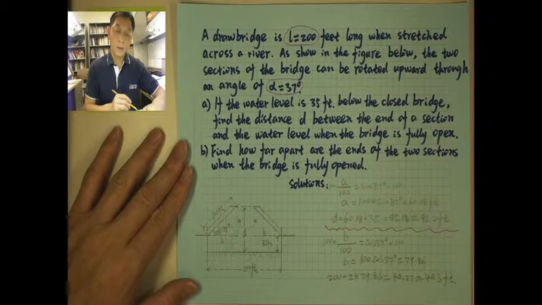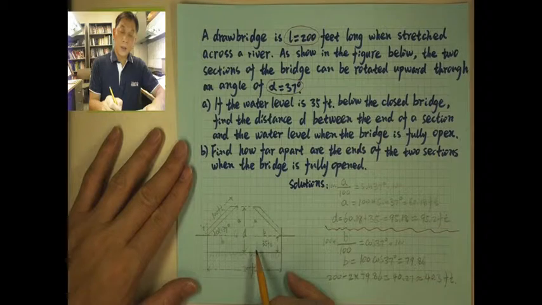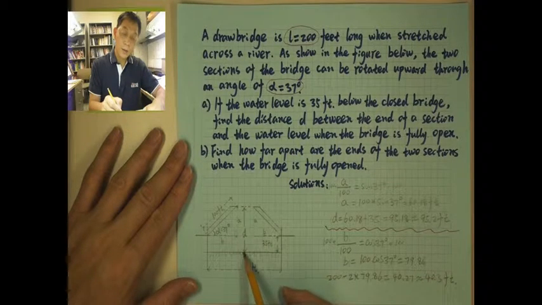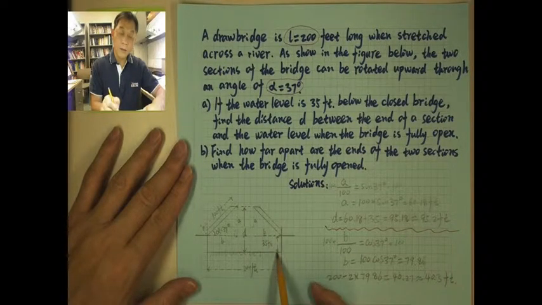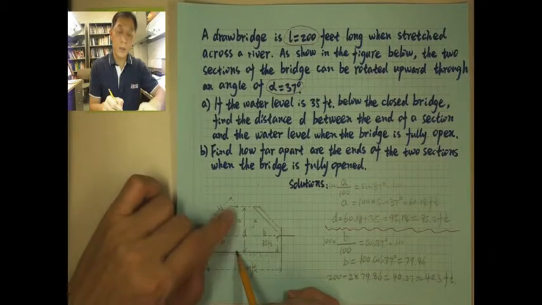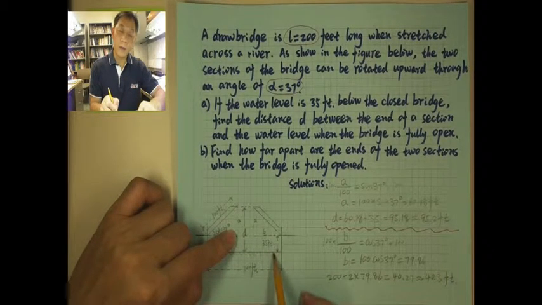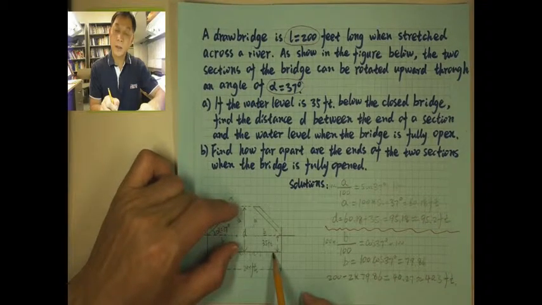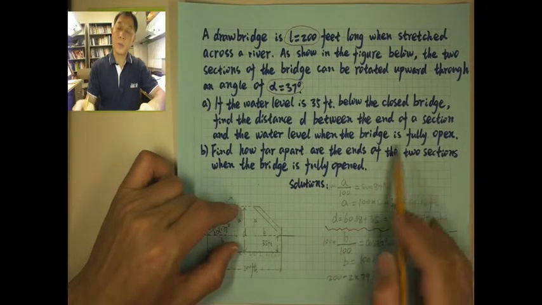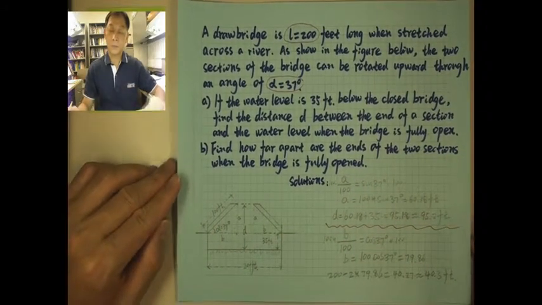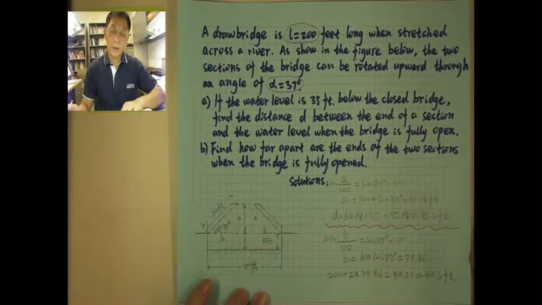Okay. All right. Now, here we need to find out the distance from this part to this part. And we know this is 35, so we only need to find out A. If we find out A, we add on 35, then we have the whole thing D, when the bridge is fully open. Okay. All right.